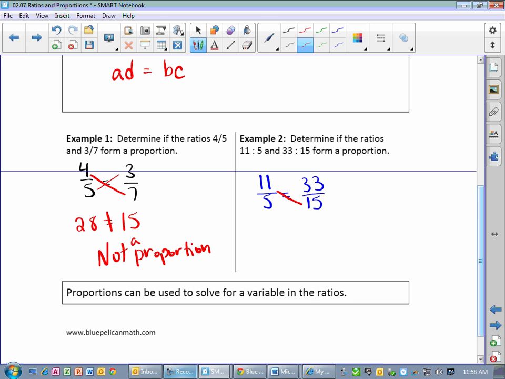We cross multiply, so 15 times 11, this is where the calculator is going to come in really handy. 15 times 11, and we should get 165. And we do 5 times 33, which is also 165. So since those are equal, then this is a proportion. Yes, it is a proportion.